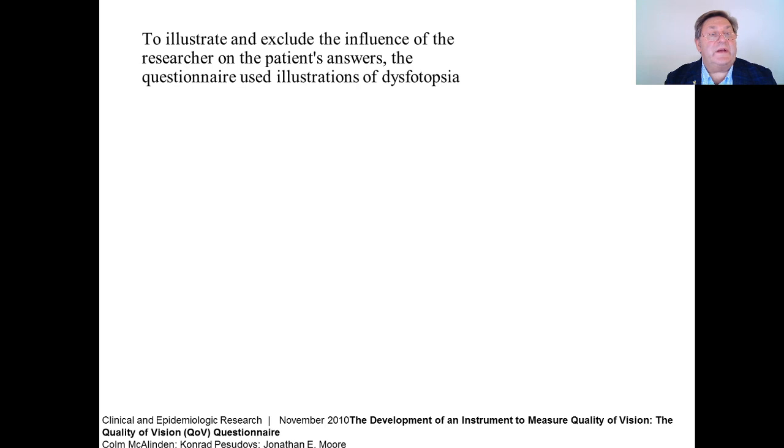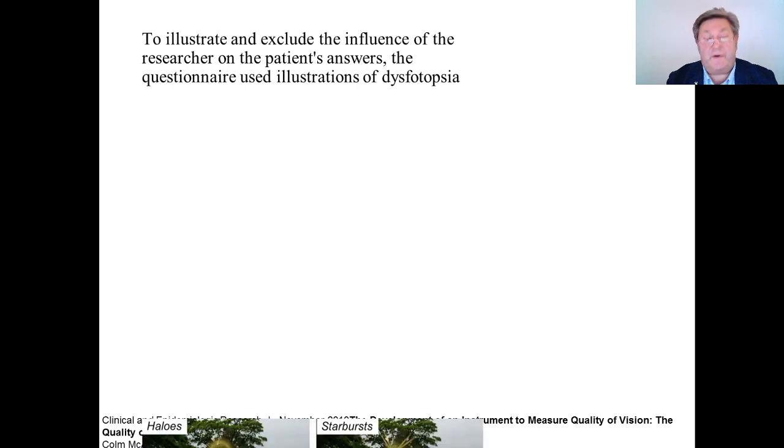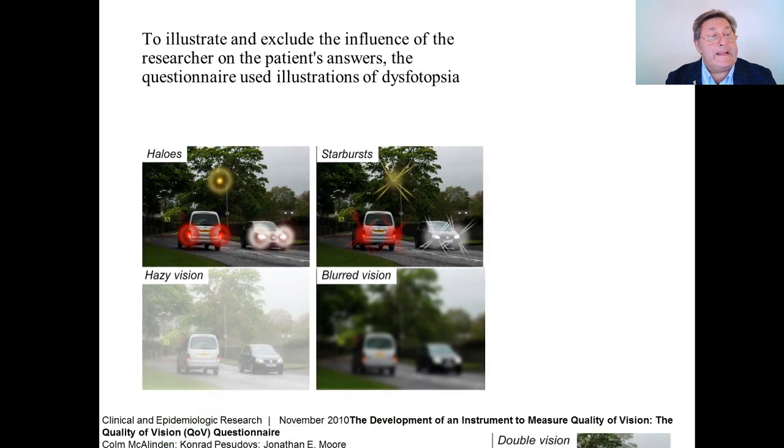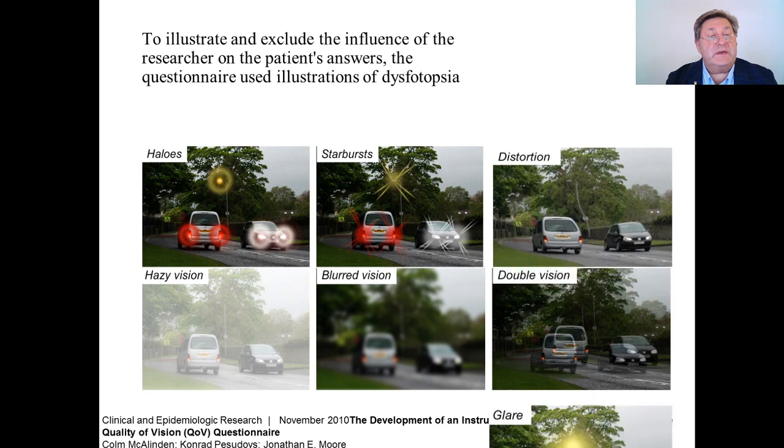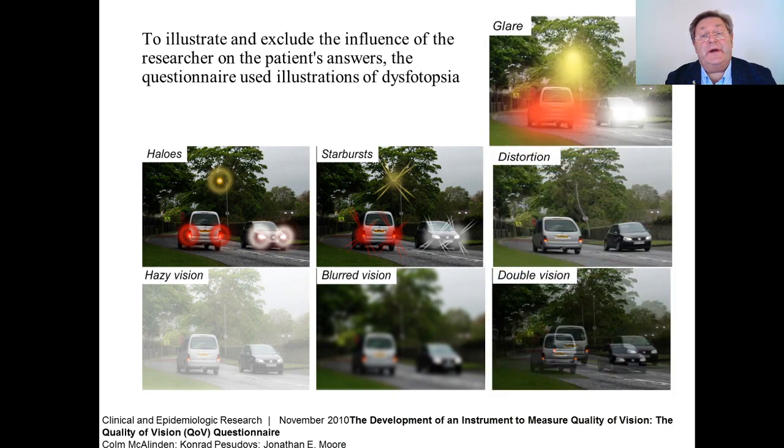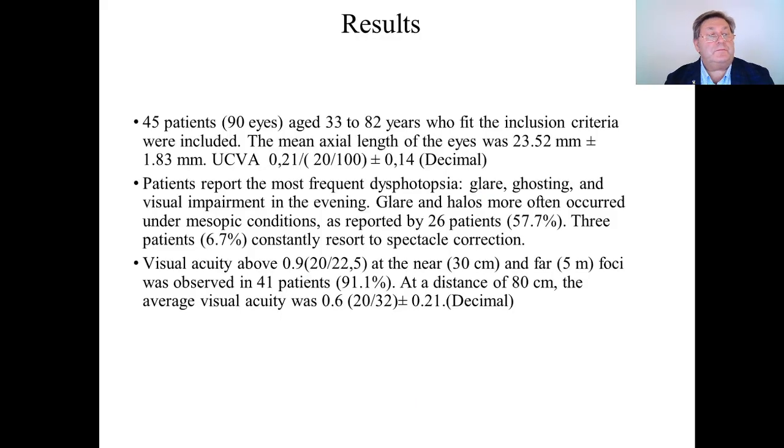To illustrate and exclude the influence of the researcher on the patient's answers, the questionnaire used illustrations of dysphotopsia like halo, starbursts, glare, distortion, hazy vision, blurred vision, and double vision.